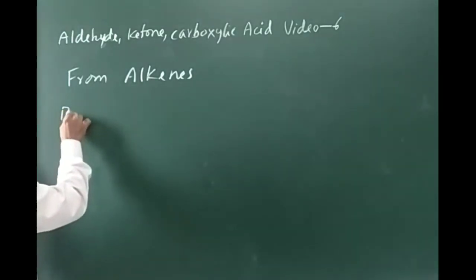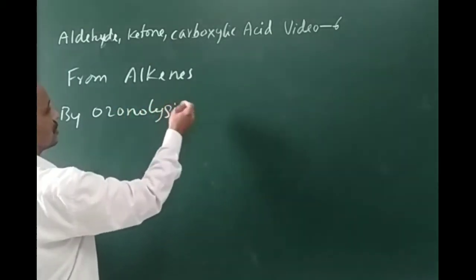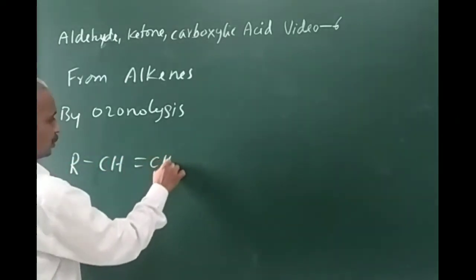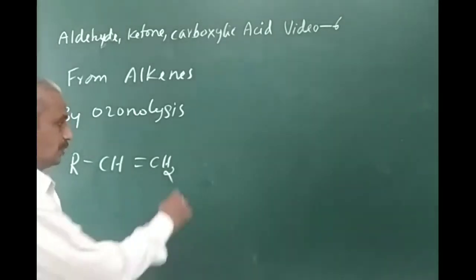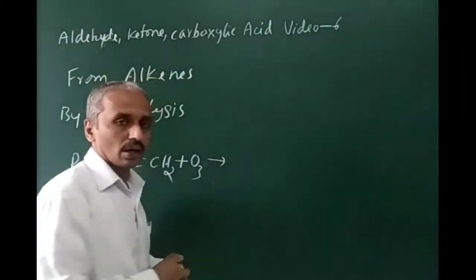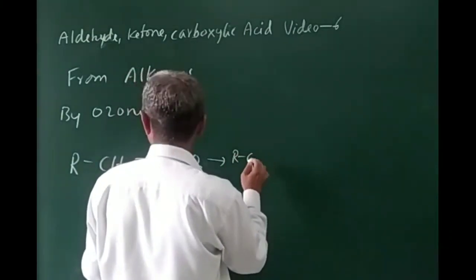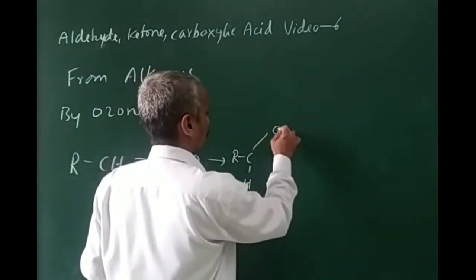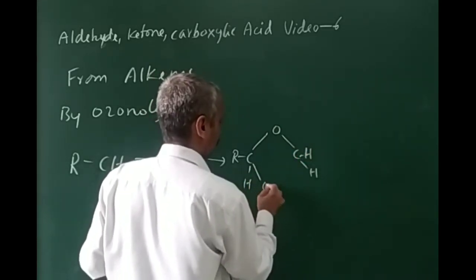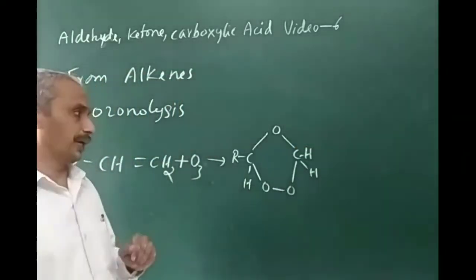By ozonolysis: RCH=CH2, an alkene, you treat with ozone, and I get the triozonide. The alkane triozonide will be obtained.